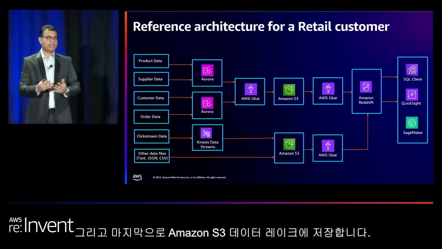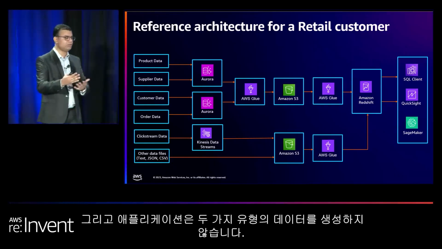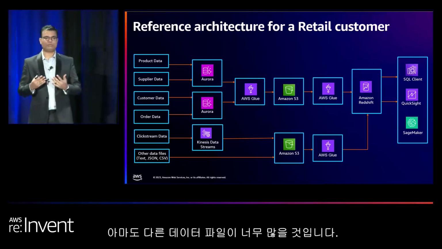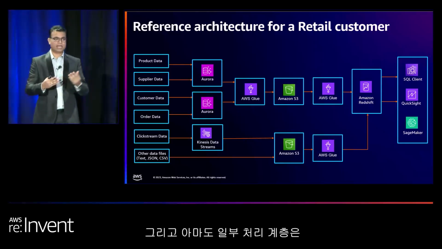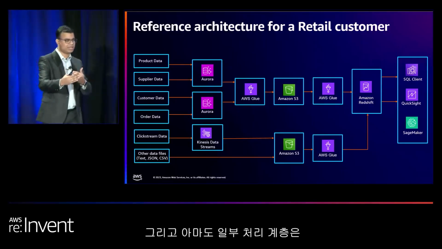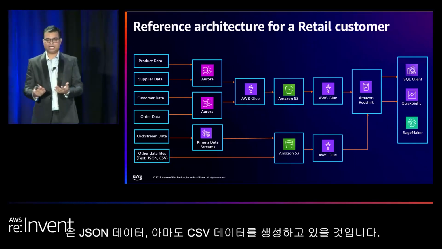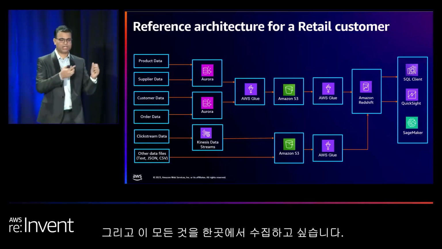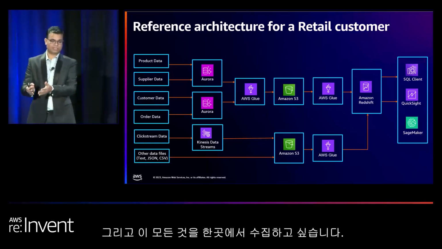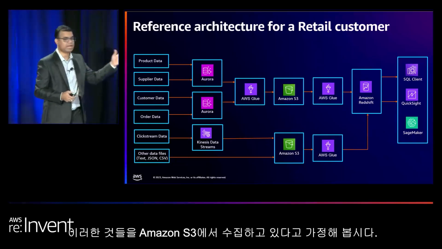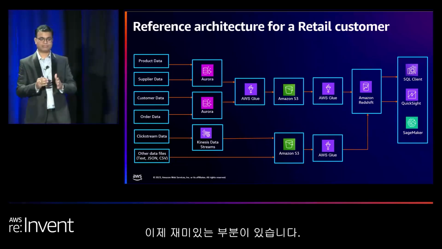And the application is generating more than two types of data. There may be many different data files, and maybe some of the processing layers are generating JSON data, maybe CSV data, and you want to ingest it all in one place. So let's say you are capturing those things in Amazon S3. Now, here is the fun part.